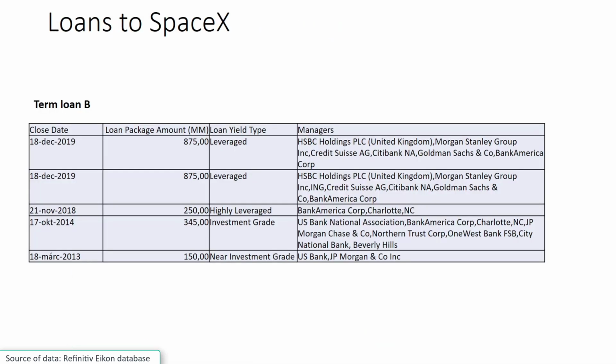And I was also able to find some loans to SpaceX. We can see here that in many cases banks prefer to lend not a single loan but a syndicated loan. It's called, I forget even the Hungarian word for it, it starts with a C. So they are standing together and not alone.